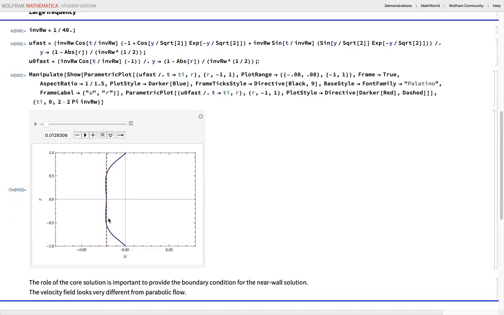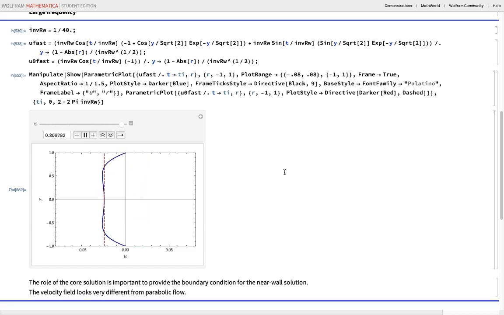So the blue line is the actual singular perturbation solution, after boundary layer analysis. So it goes to 0 near the walls, the velocity. Whereas this red dashed line is only the core solution, the plug solution. And remember, this core solution is out of phase with the flow, whereas you get some in phase contributions when it's near the walls. So let's play that.